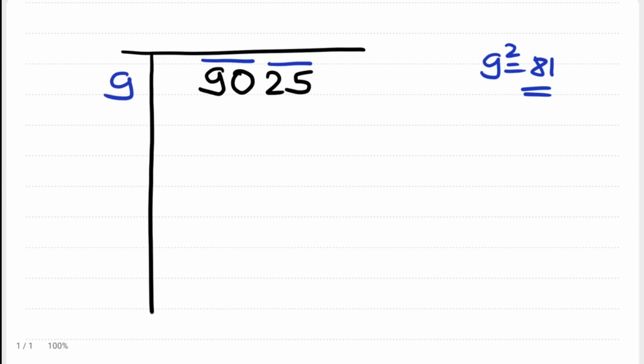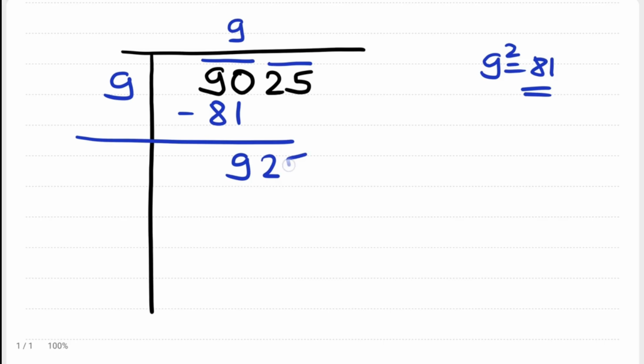We will multiply 9 with 9 to get 81 and we will subtract it. After subtracting, we will get 9. Now we have to take our last pair, that is 25, with 9 to make it 925. We multiplied 9 with 9. In the next step, we will add 9 with 9. 9 plus 9, 18.